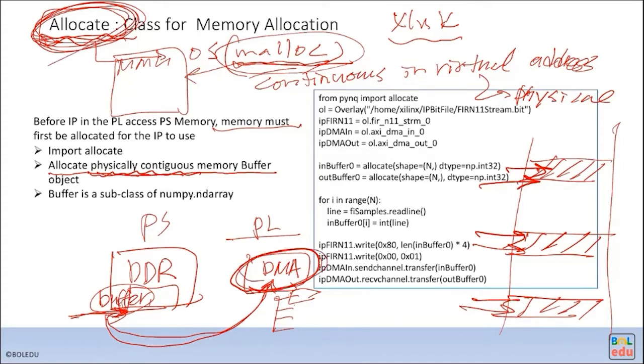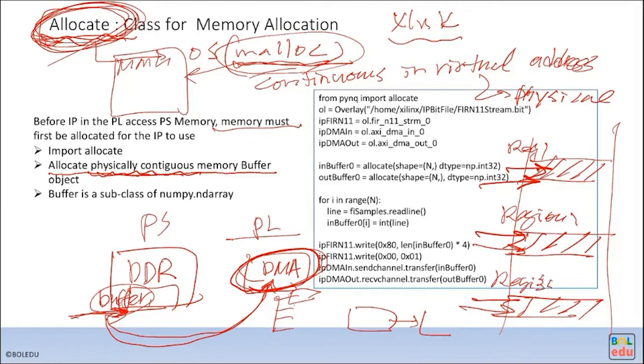It can support fragmented or scattered memory, but the DMA must have the capability. For example, you have region 1, region 2 and region 3.